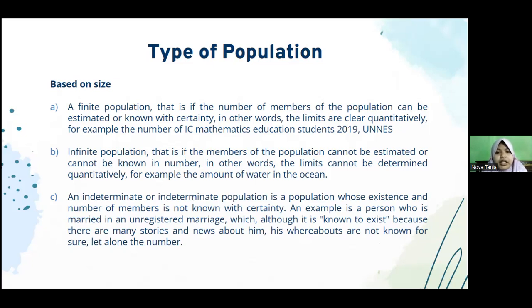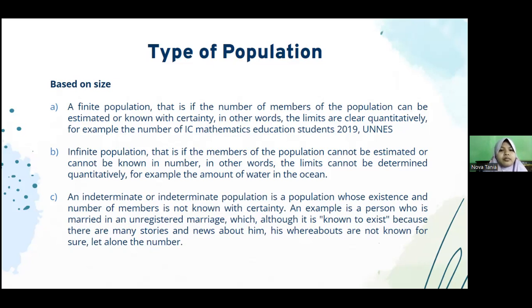An example is people who are married in an unregistered marriage, which although known to exist, because there are many stories and news about it, their whereabouts are not known for sure, let alone the number.